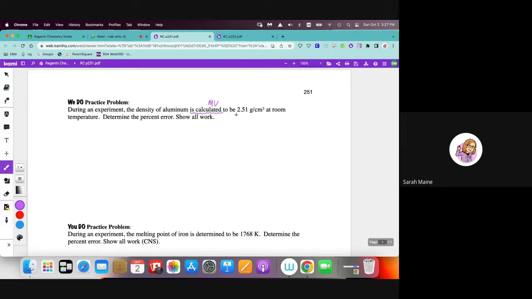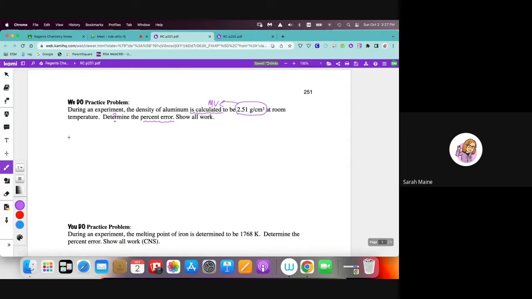And what it's calculated to be is this number. So I'm going to understand that this number is a measured value. And it was determined at room temperature. Now it simply says determine. So that's our job, the percent error. And I don't see any other numbers being provided.